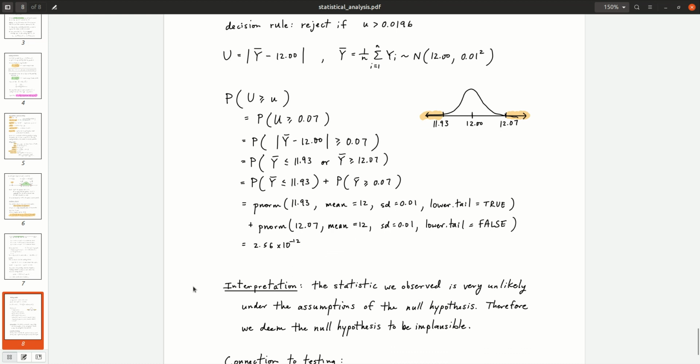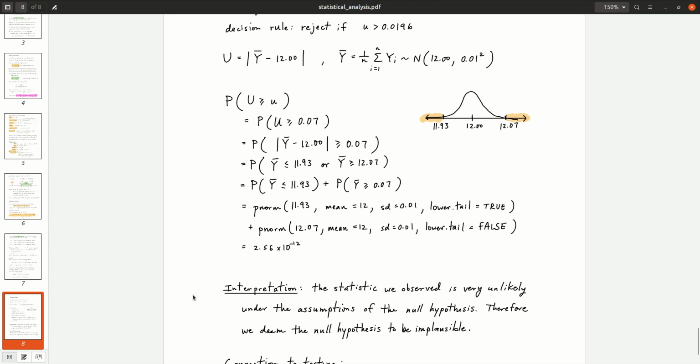The way we interpret this is that we got a really small p-value, which means the probability of getting something as extreme as we did under the null hypothesis is a really small number. It's really unlikely. So our interpretation is that the statistic we observed is very unlikely under the assumptions of the null hypothesis. Therefore, we deem the null hypothesis to be implausible.